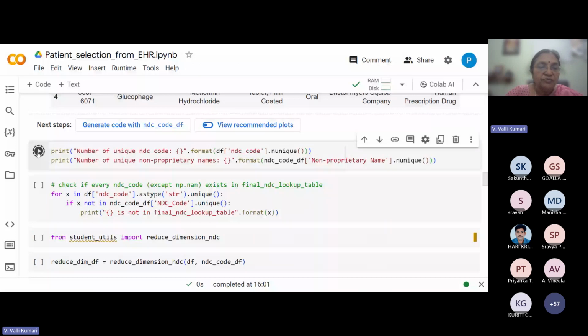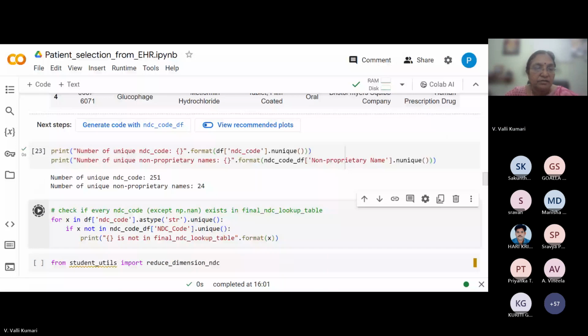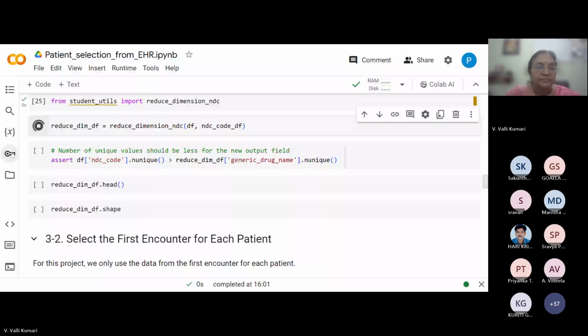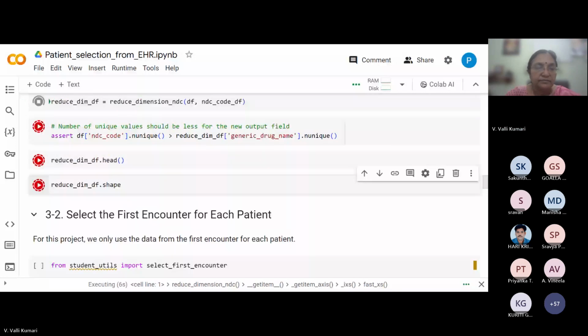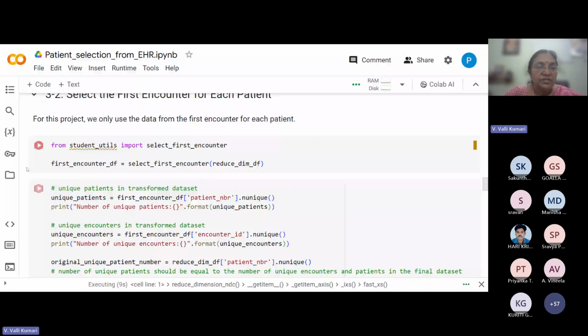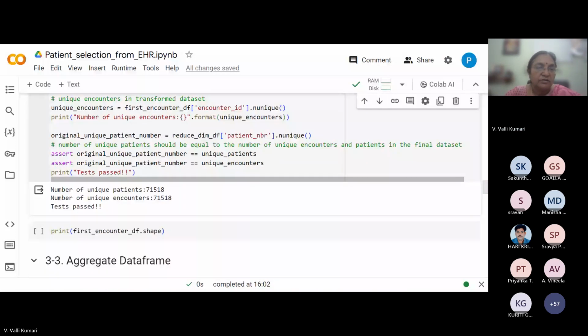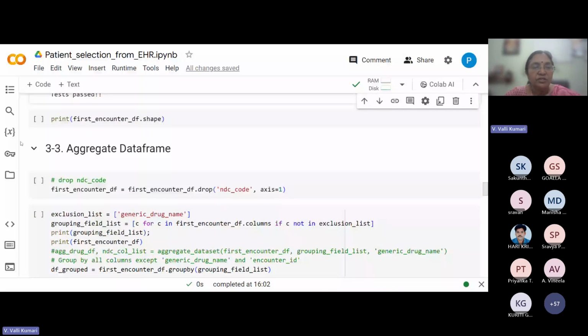So there are 251 NDC codes and 24 proprietary names. So how many unique patients? And how many are first encountered?